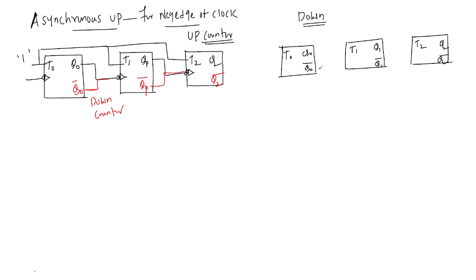Anyway, T0, T1, T2 are connected to toggle state. When Q0 bar acts as the clock for the negative edge of clock, then it acts as a down counter. So that you can analyze.